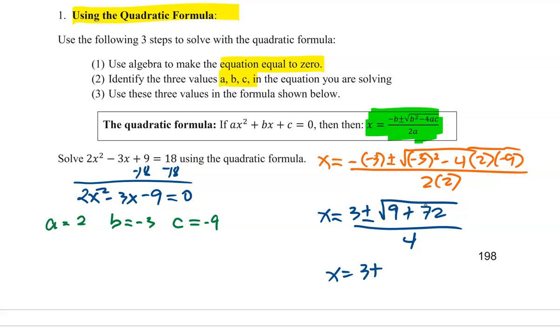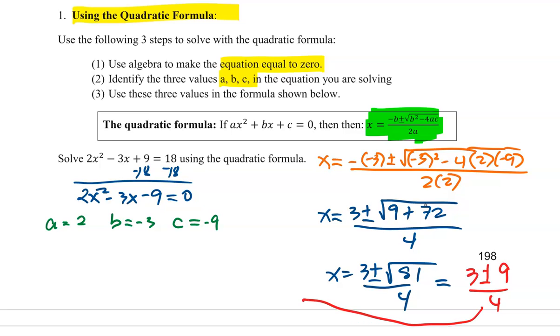So 3 plus or minus square root of 9 plus 72, which is 81, over 4. Square root of 81 is 9. So 3 plus or minus 9 over 4. And let's solve the two values of x.